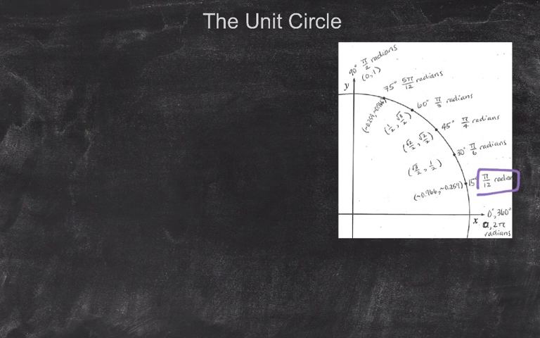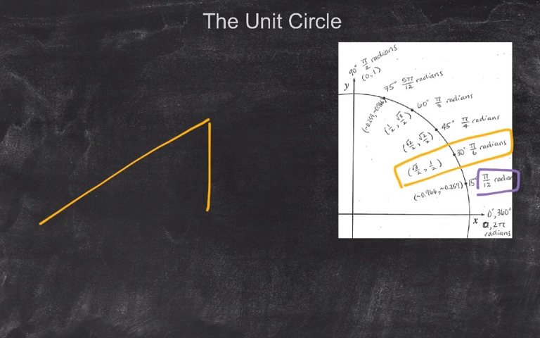And then I've got some of my coordinate points here by either using Desmos or a graphing calculator, or using my special right triangles. So looking at this one here, I've got an angle of 30 degrees, which is the same as pi over 6 radians, but I'll use degrees for right now. And I know that my hypotenuse is always 1.